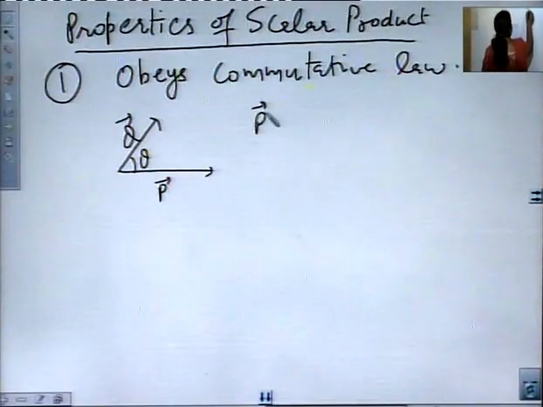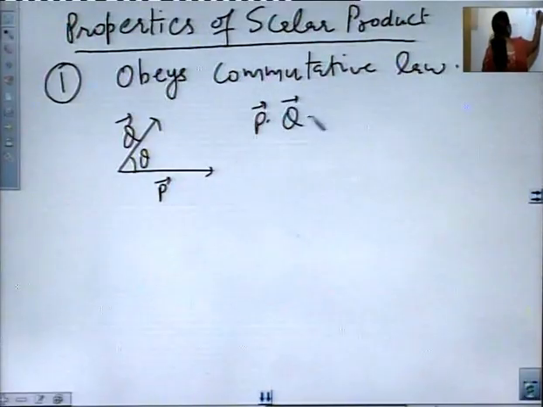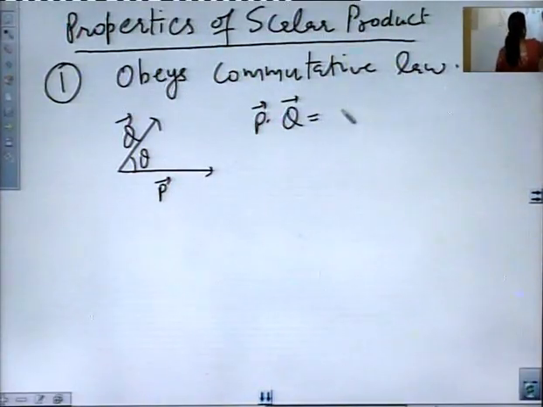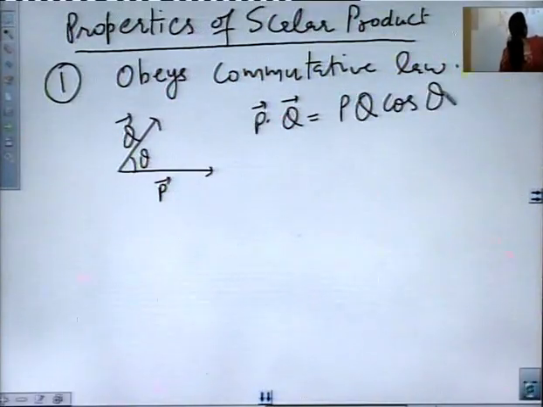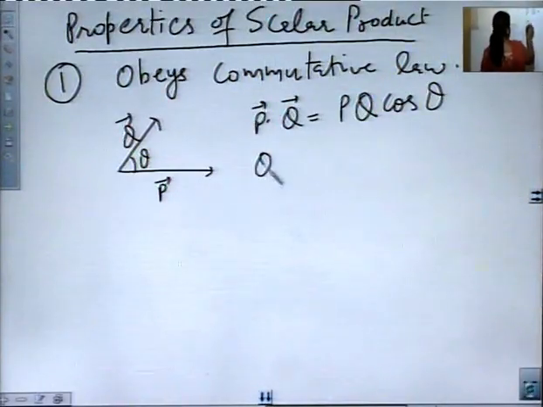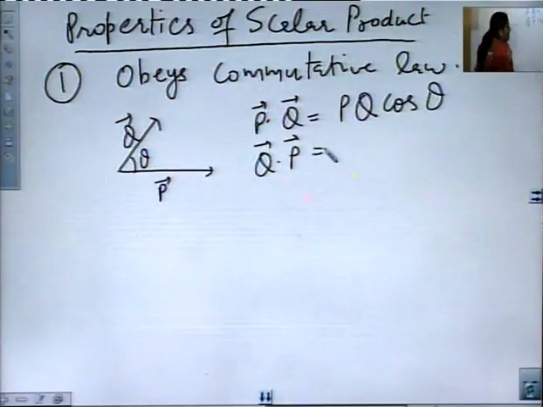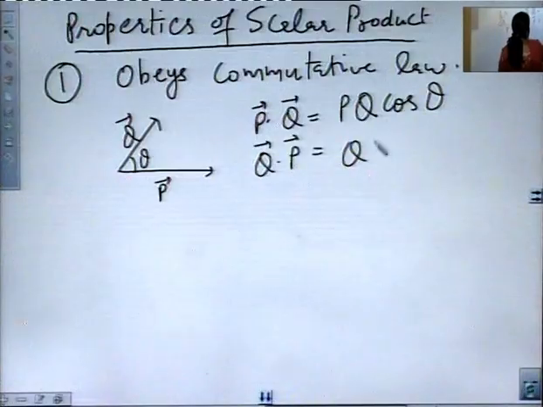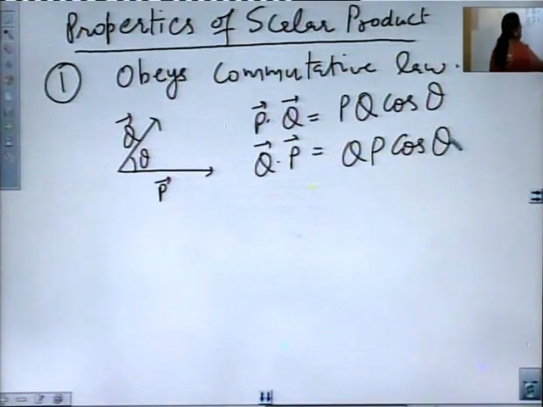If we take p dot q, it is equal to p q into cos of theta. If we take q dot p, this can be taken as q into p into cos of theta.